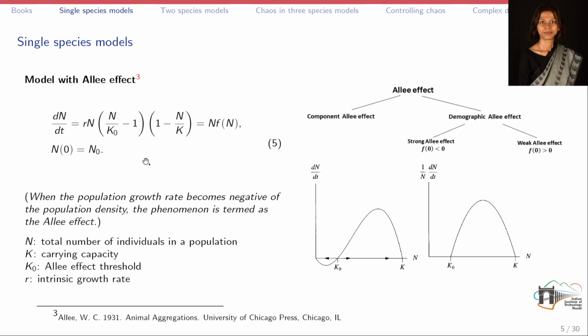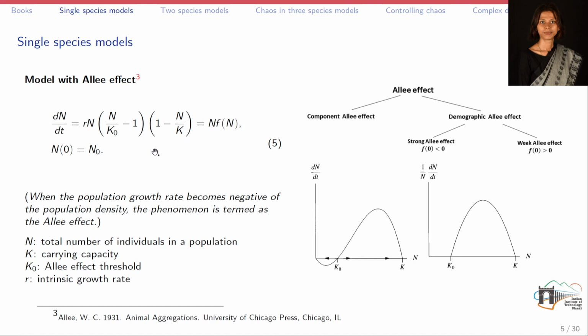This particular property is termed as Allee effect. Here in this mathematical model, the Allee effect is incorporated using K naught, which is the threshold. Here 1 upon n dn/dt can be written as f of n, a function of the population density n, modeled something like this.